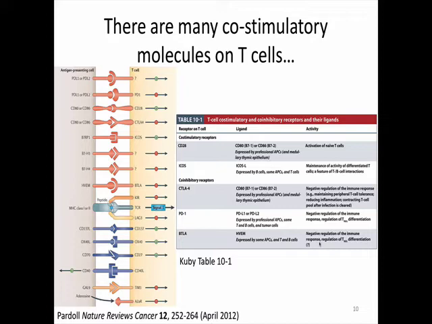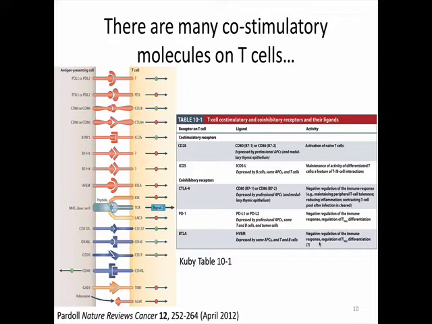Your textbook just says co-stim receptors, co-inhibitory receptors. Here there's pluses and minuses that I'm not sure whether you can see, and stops and goes. So we've got some co-stim receptors that turn cells on, some that turn cells off. The ones that turn cells on have somewhere in their cytoplasmic domain an ITAM.